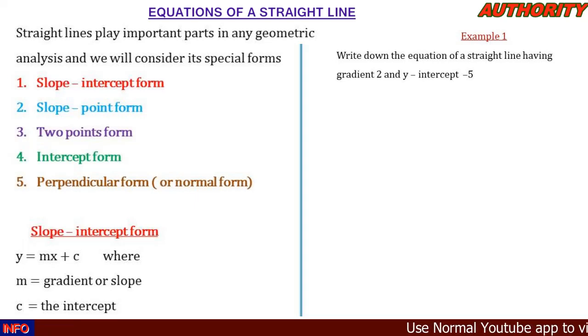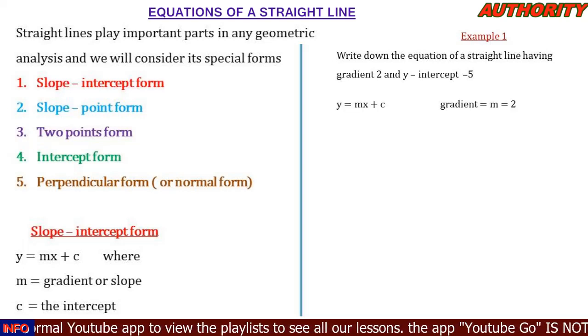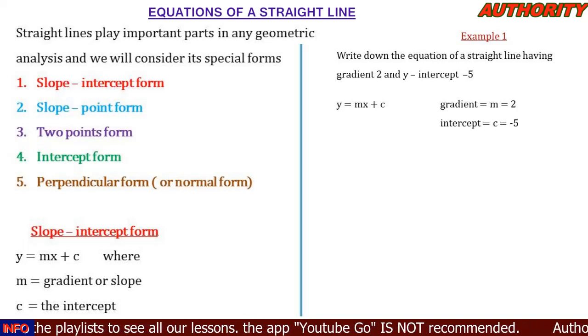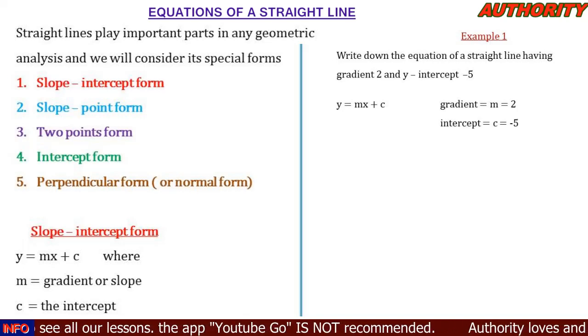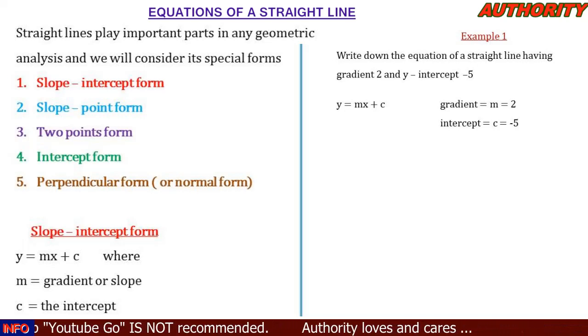Based on the information given to you, you'll be given the slope and the intercept, to form the equation of a straight line. Here we have y is equal to mx plus c, where the gradient is m and the intercept is c. So m is equal to 2, which is the gradient, and the y-intercept is minus 5, which is c.